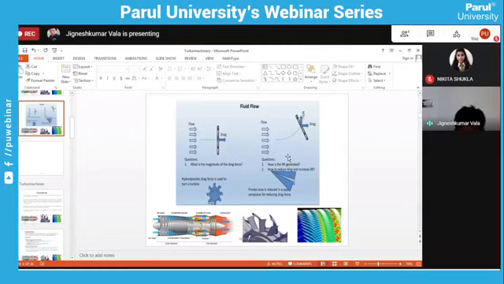So can we reduce the drag and increase the lift? I can give an example which all of us may be familiar with. Take the case of a paper aeroplane, which we can clearly see in the PowerPoint presentation in this figure.